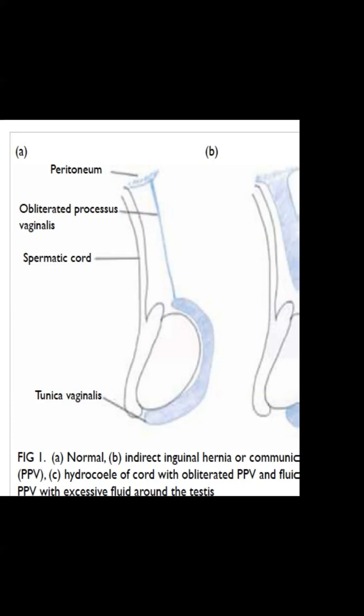But when there is a defect, especially in preterm babies or from unknown causes, there might be a patent processus vaginalis, which will allow the peritoneal cavity contents, either the intestine itself or just the peritoneal fluid, and that depends on the size of the defect.